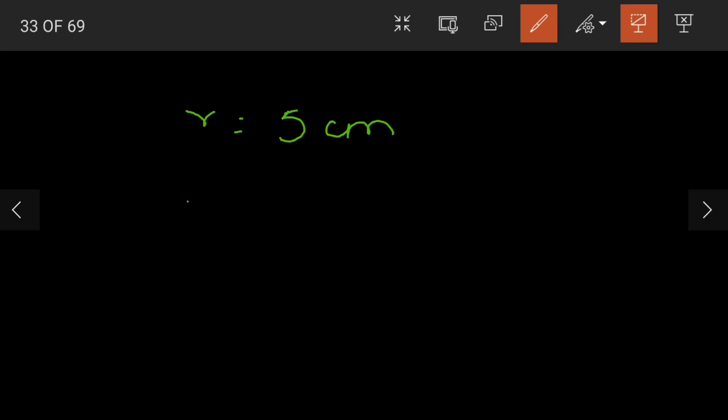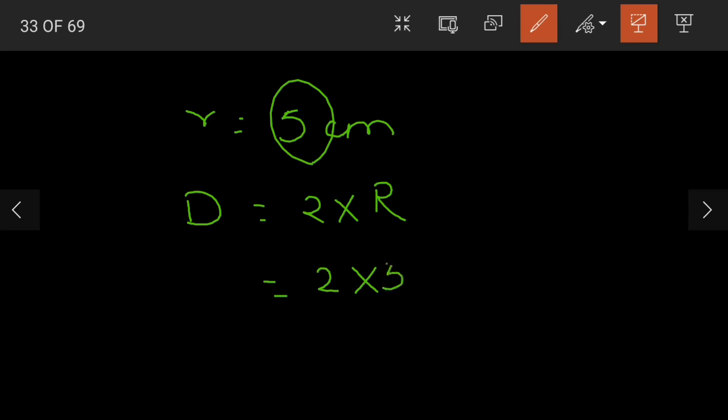What is the relationship between the diameter and the radius, children? Diameter is equal to 2 into radius. So it becomes 2 into 5, that is equal to 10 centimeters. The diameter of the circle will be equal to 10 centimeters.